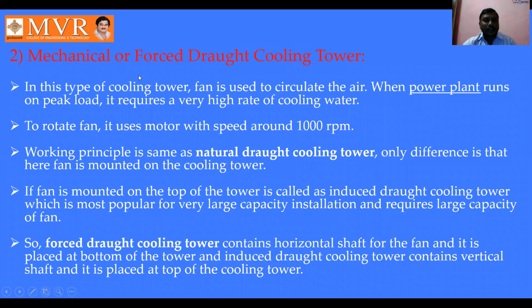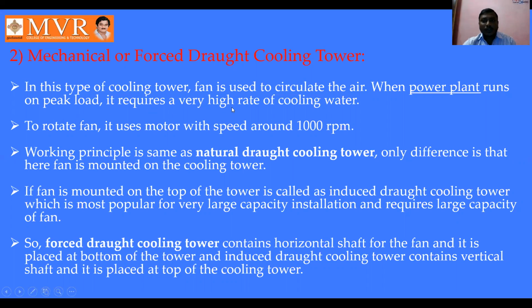And see here, mechanical or forced draft cooling. In this type of cooling tower, a fan is used to circulate the air. In natural circulation, we are not using any fan, but in the mechanical or forced draft cooling system, we use a fan to circulate the air. When power plants run on peak load, they require a very high rate of cooling water.